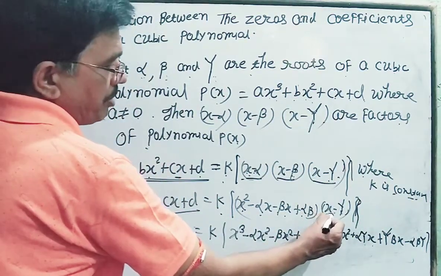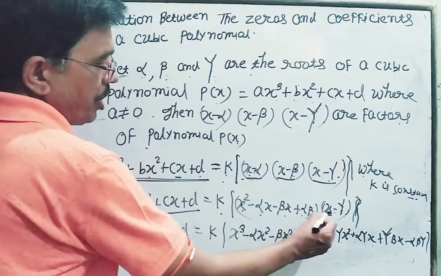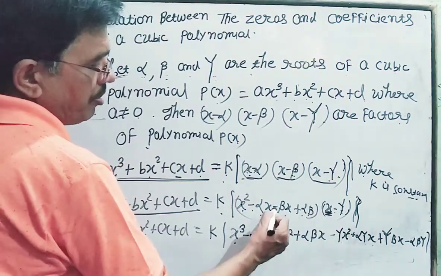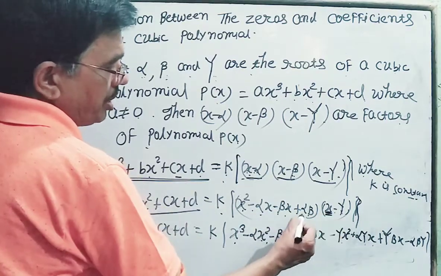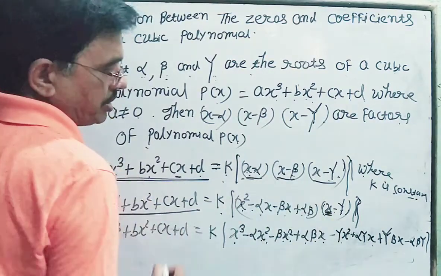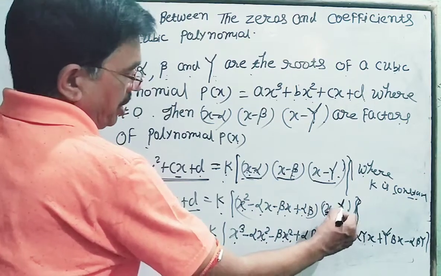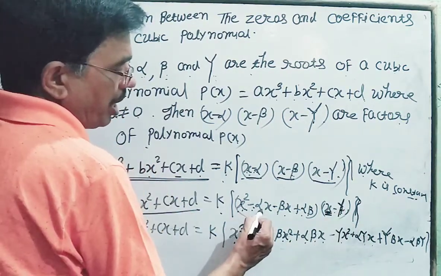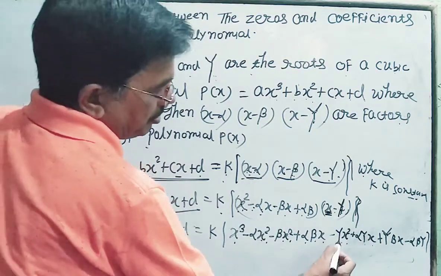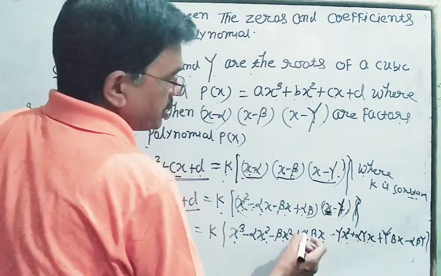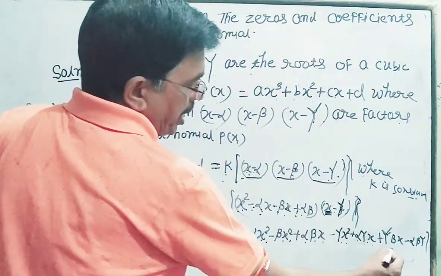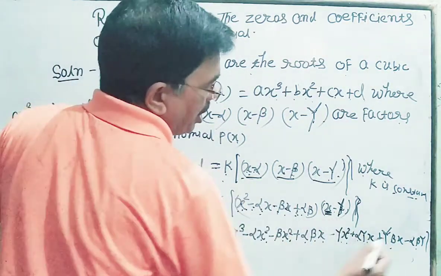Now this is multiplied by x. So x into x square is x cube, minus alpha x square minus beta x square and plus alpha beta x. Now multiply by gamma. Then it is minus gamma x square, plus alpha gamma x, plus beta gamma x, and minus alpha beta gamma.